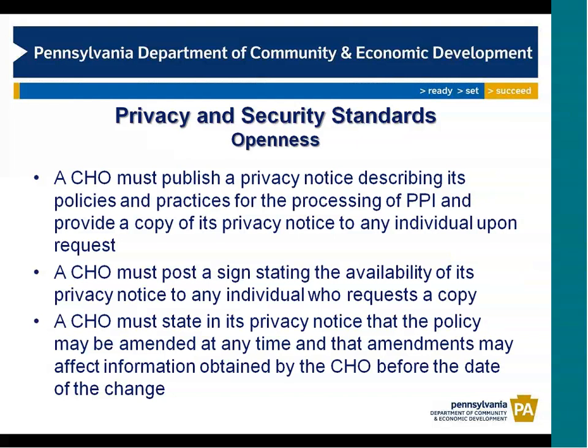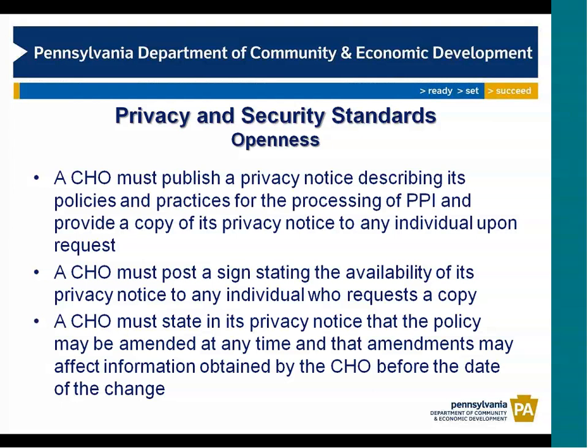Openness, this refers to being transparent about all your data collection and what you're using it for and what you're sharing with. A CHO must publish a privacy notice describing its policies and practices for the processing of PPI and provide a copy of its privacy notice to any individual upon request.